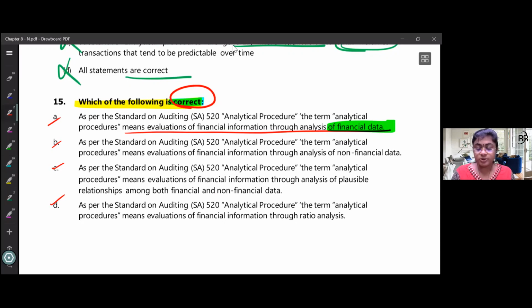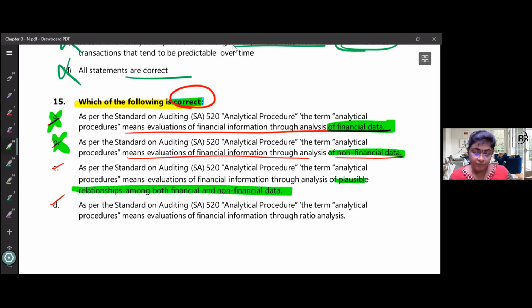As per SA 520, analytical procedure means evaluation of financial information through analysis of only non-financial. No, both financial and non-financial. Next one, evaluation of financial information through plausible relationships among financial and non-financial data. That seems to be the answer.